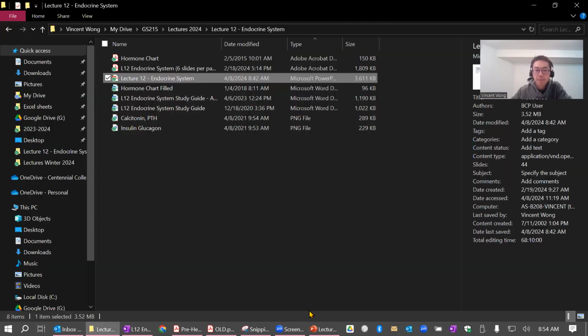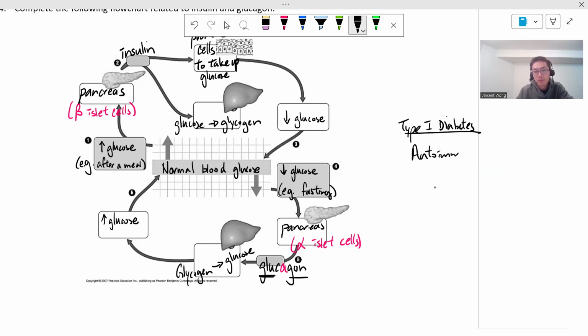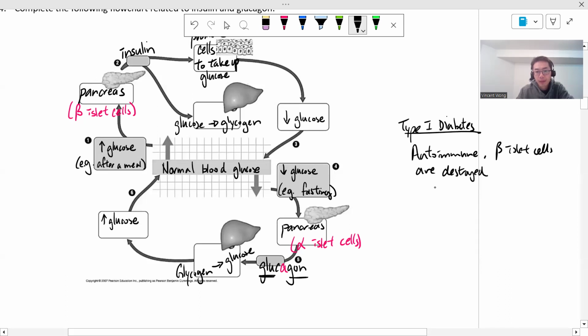So for diabetes, like I said, there are two kinds of diabetes. There's type 1 diabetes, which is autoimmune, where the beta islet cells are destroyed. So the person cannot make insulin, and so they rely on insulin shots to regulate their blood sugar.